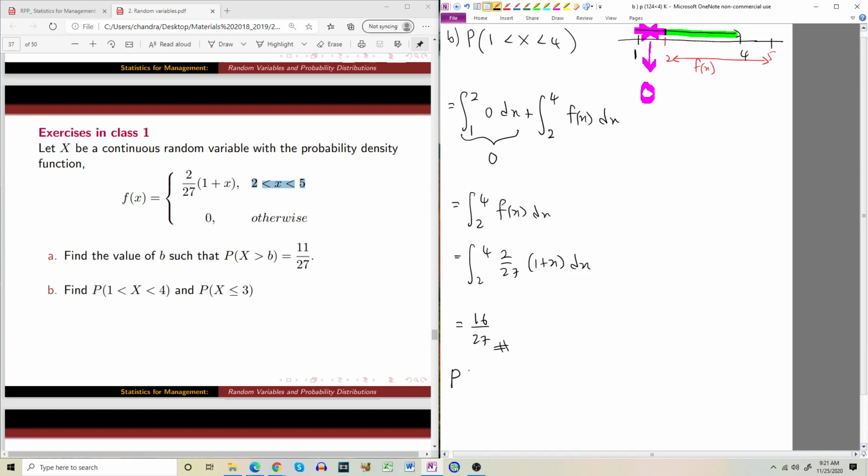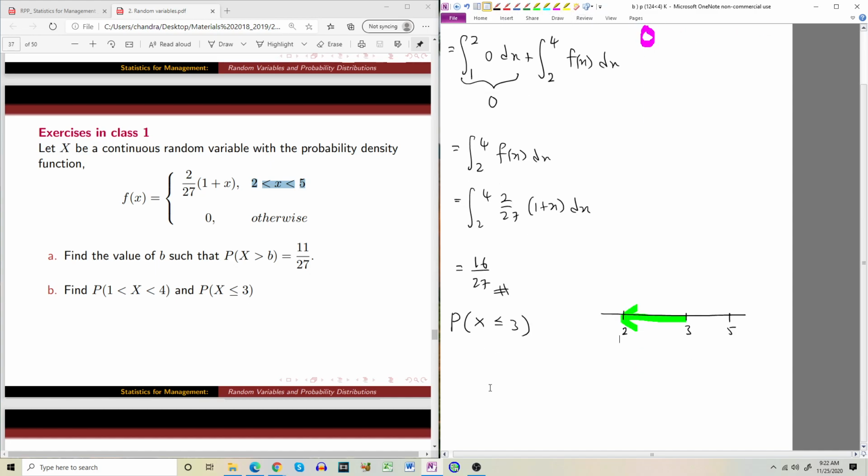For P(X less than 3), I told you just now, the interval given in the question is 2 to 5. 3 is somewhere here. You can notice that all the values of x less than 3 go down here, up to 2. 2 is the limit. Okay.